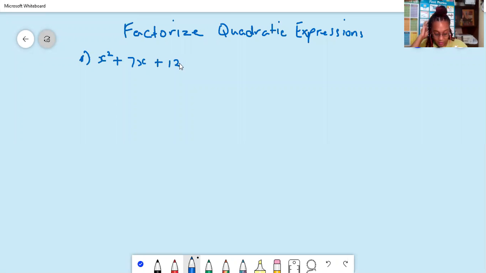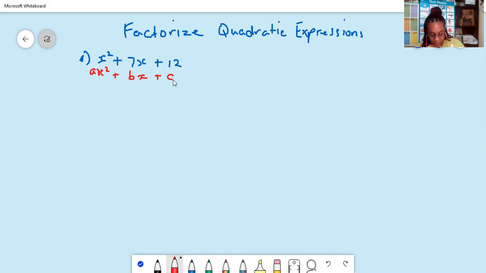If we were to rewrite it using the general form, it would look like ax squared plus bx plus c. That's the general form.